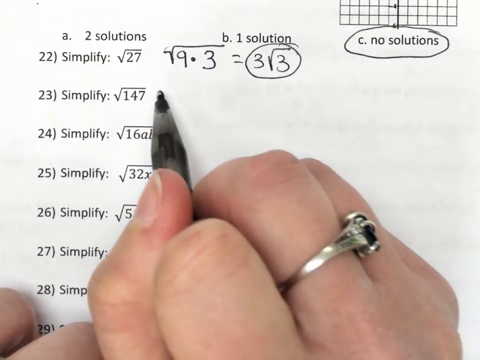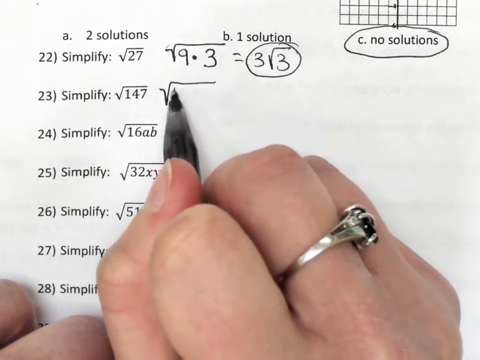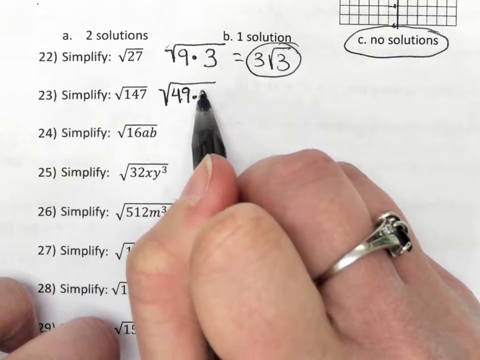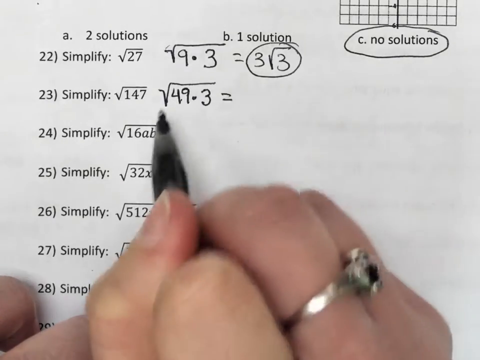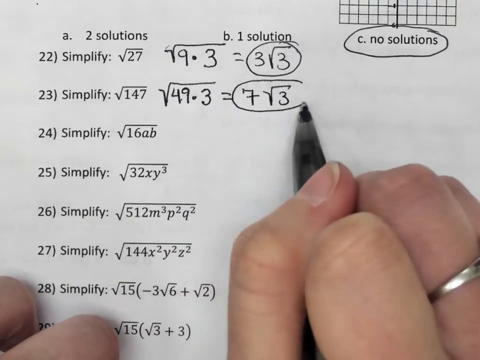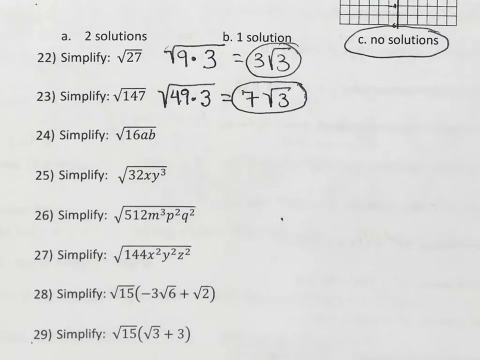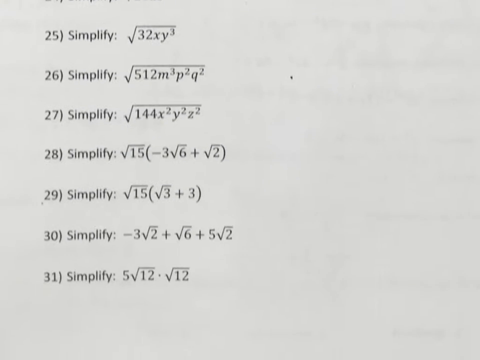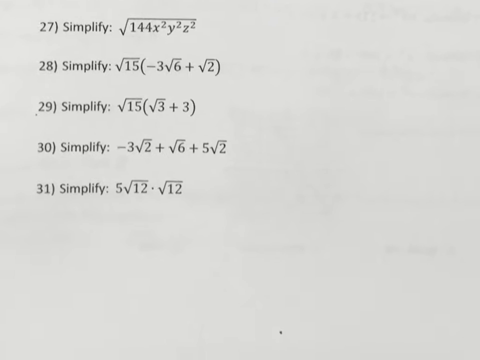So what perfect square went into 147? 49. 49 times what? 3. Make 7. 7 square root of 3. Very good. Are y'all okay? Yes. Okay, we're going to skip a few of these. Let's go down to number 28.